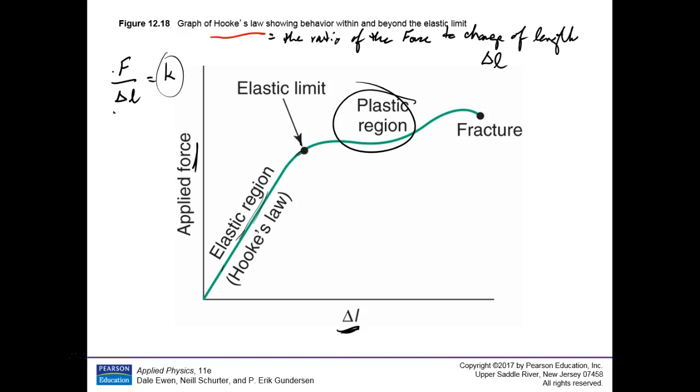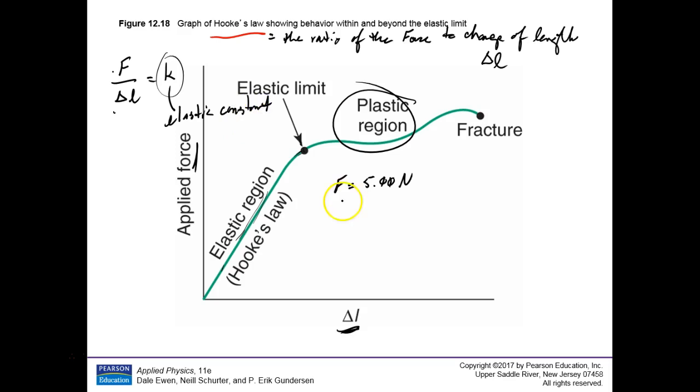Now here's example 2. This is a spring, and it says a force of, excuse me, 5.00 newtons is applied to a spring whose elastic constant is, and this, by the way, is the elastic constant.